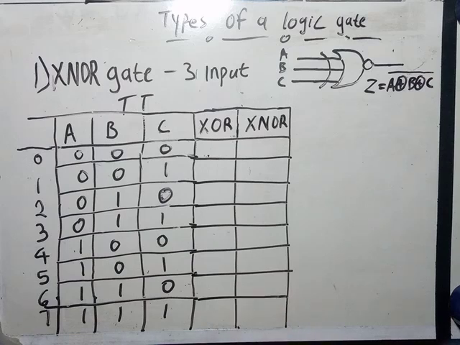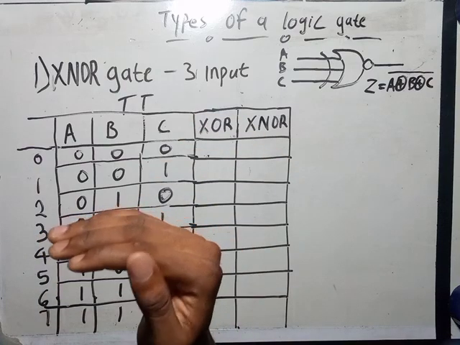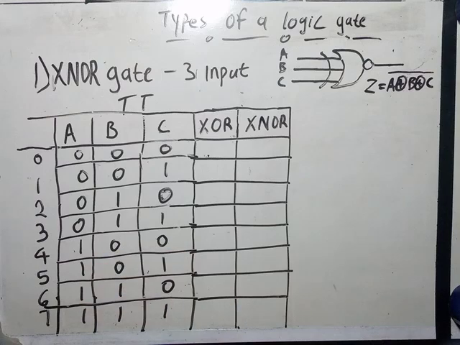Okay, so for our XOR, like we said earlier, we're looking at the values if they are odd or even.